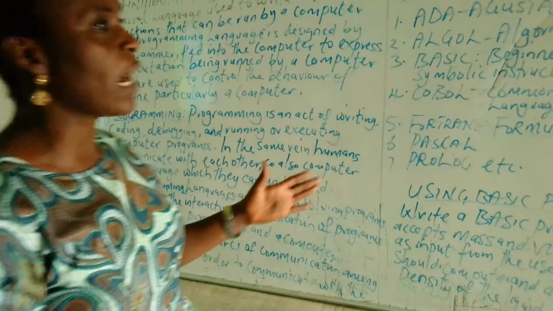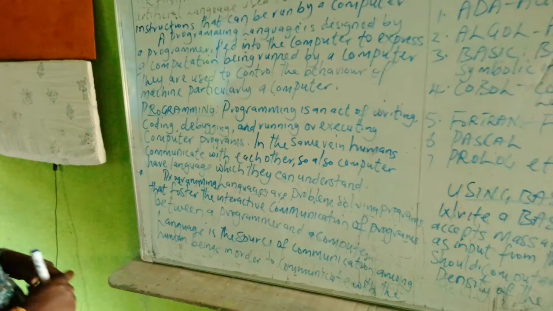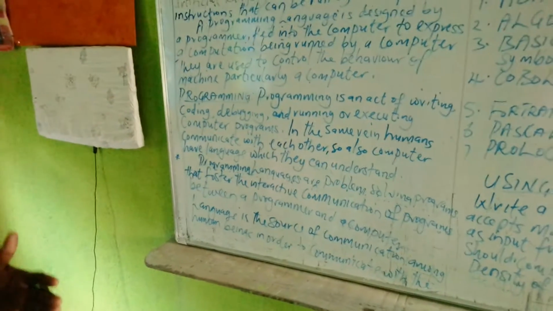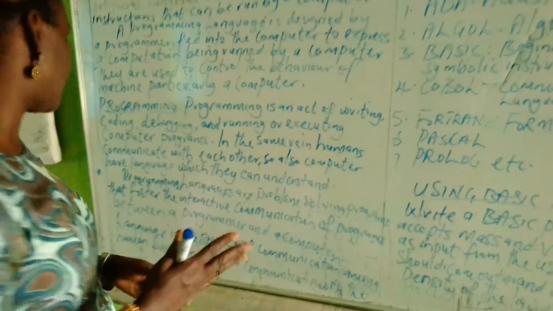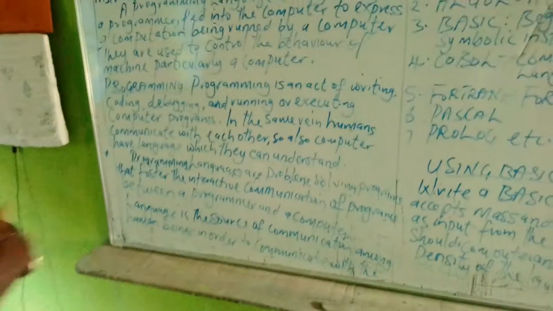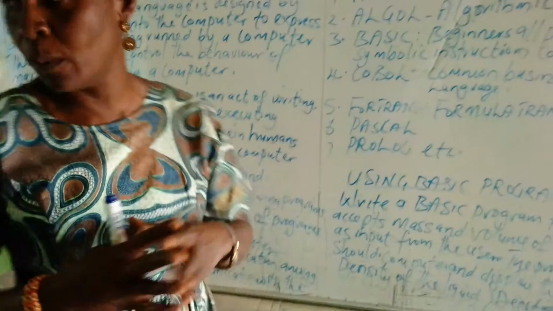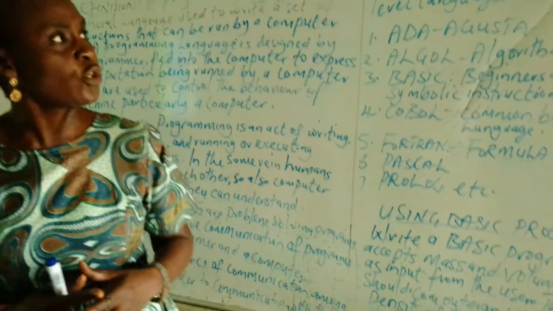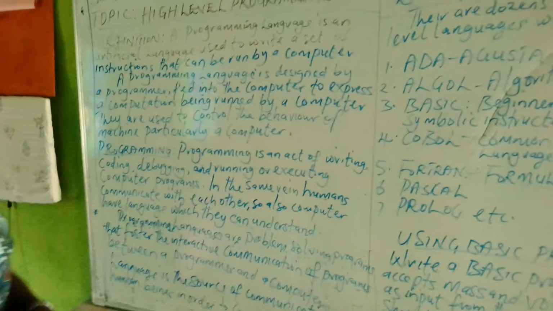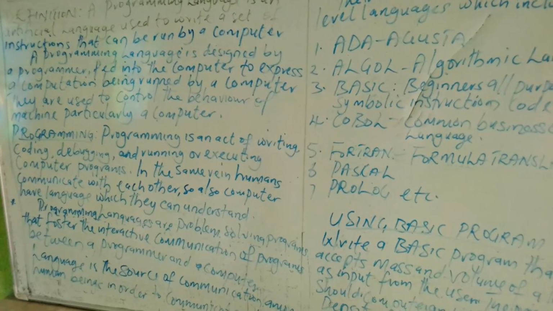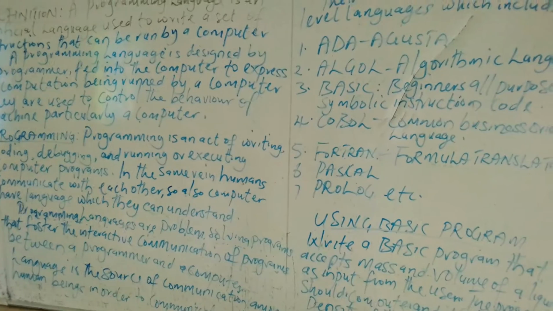That is why the program is important to the computer. Programming languages are problem-solving programs that foster the interactive communication of programs between the programmer and the computer. Now, for you to write a good computer program, you must start from somewhere.